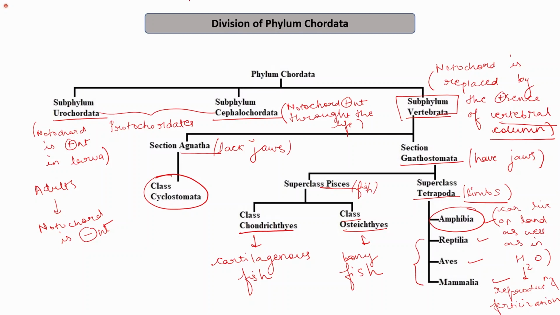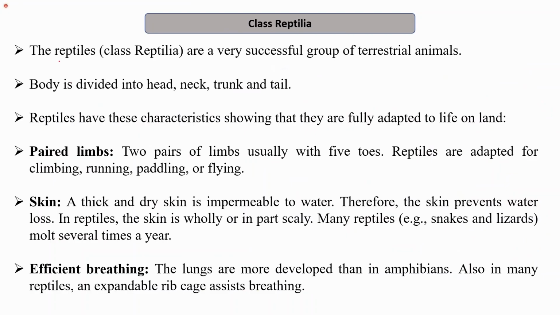Firstly, we will start with the class Reptilia. The reptiles are a very successful group of terrestrial animals. They are the first completely terrestrial animals. Why are they called reptilia?